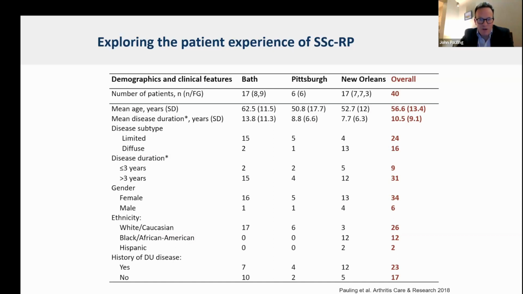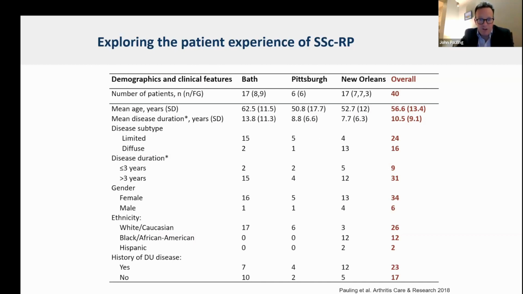And this was the purposive sampling framework we adopted for the Raynaud's work. We wanted to make sure we got patients with early disease and established disease. We wanted to make sure that the gender mix was representative of our scleroderma population generally, but that we still sought the opinion of males, as scleroderma is generally a lot rarer in males than females.